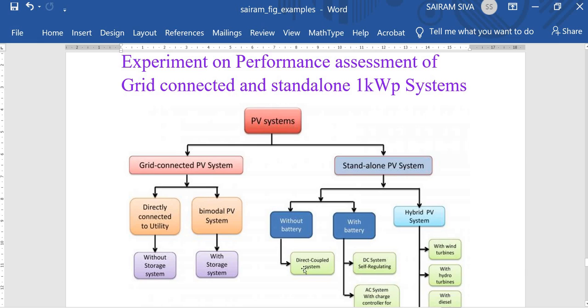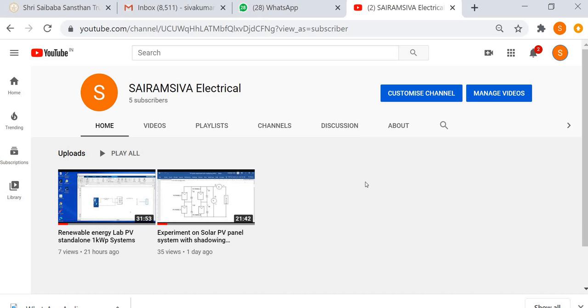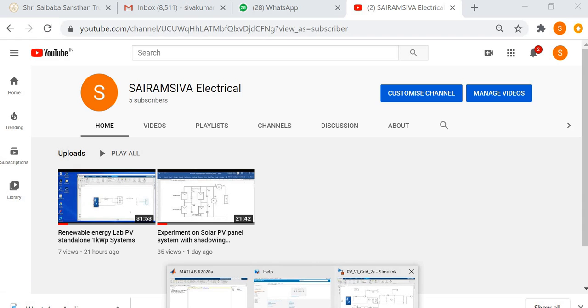The standalone case we already saw in the last video, uploaded to the YouTube channel as Renewable Energy Lab PV standalone 1 kilowatt peak power system. Now, how will the grid connected system work?